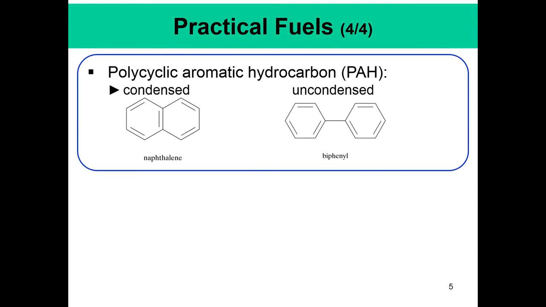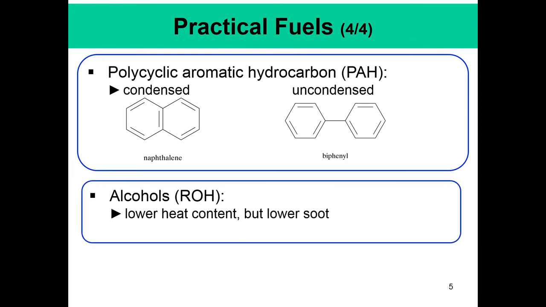Okay. And then of course, as we just said, there are polyaromatic hydrocarbons, or PAH, which in condensed form is naphthalene and in uncondensed form is essentially a biphenyl molecule. These are very important soot precursors. That is, before soot forms, these things form, and they are an integral part of the soot reaction mechanisms. And of course, we can have alcohols.